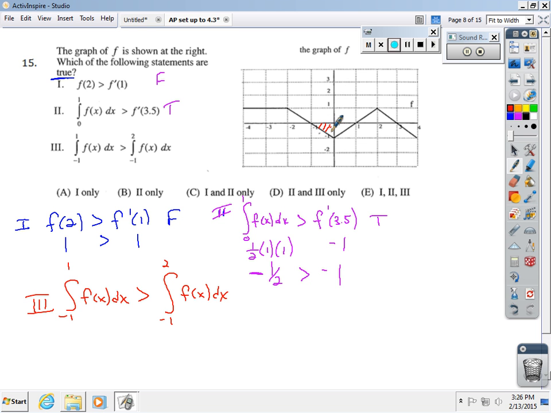The integral of these right in here, we knew from 0 to 1 was a half, and that's going to be the same thing. So a negative a half and negative a half, that's negative 1. Is it going to be greater than negative 1 to 2? Now, negative 1 to 2, well, these intervals are going to be, one's going to be positive, one's going to be negative, so they're going to cancel each other out. So all we're worried about is in here, which is going to be negative 1/2. And that is going to be false also.